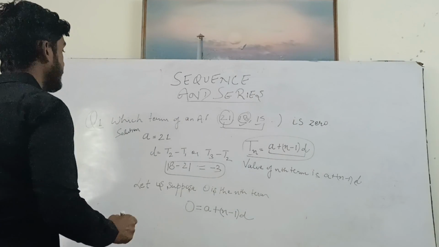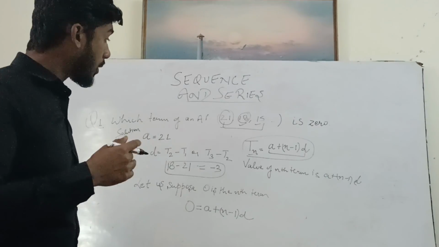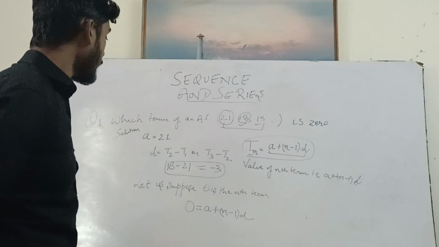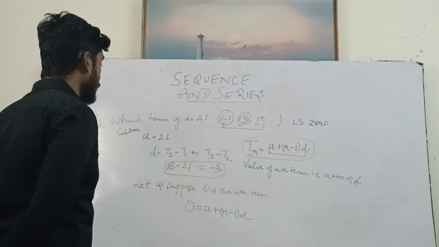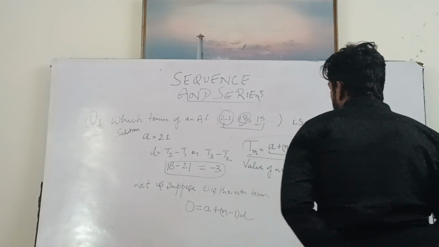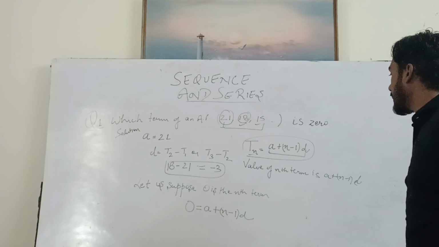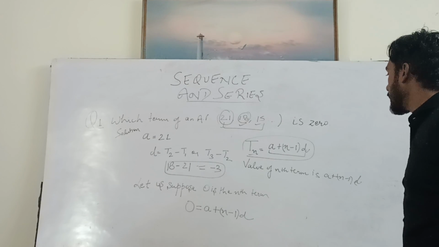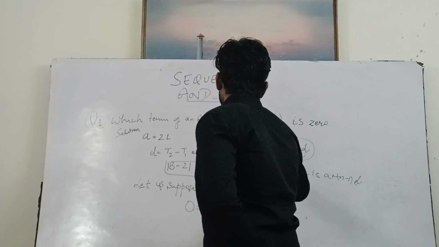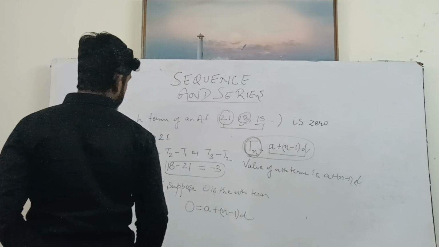What is the n here? n is the number of terms in that AP. So we are assuming that 0 is the nth term, and we have put the formula that Tn is equal to a plus (n minus 1) into d, and Tn is given to us as 0. So the value of the nth term is 0.